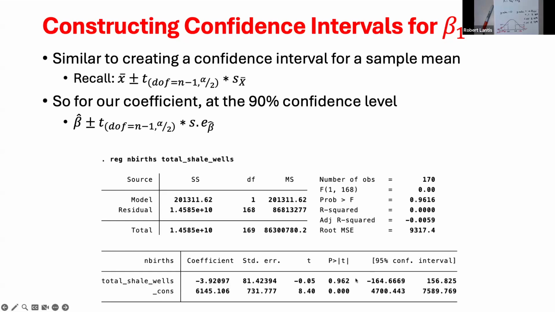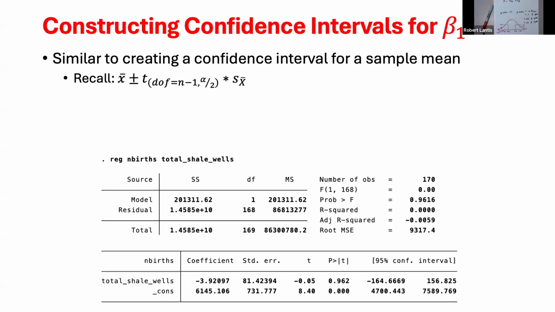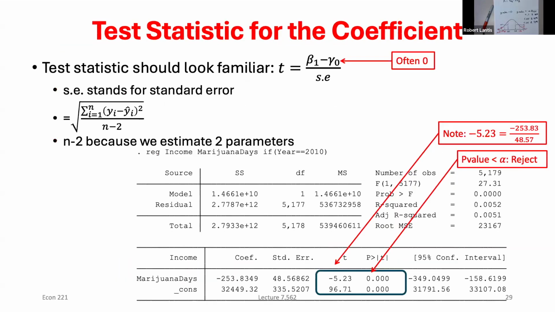Now I can say it's not negative 180 or it's not 230, right? Based off of my sample data. But any value in this range, I would fail to reject the null if I ran a hypothesis test for it. So if we go back to our other example, notice here, now I've got a 95% confidence interval. It only includes negative values.